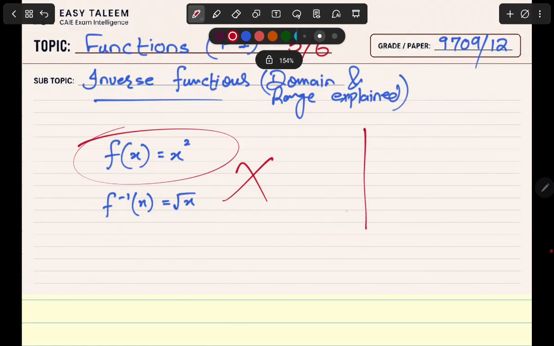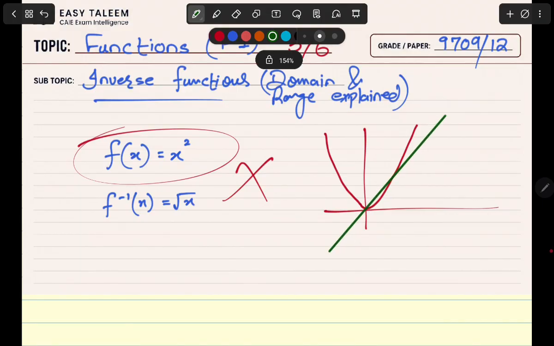If you have been following our lessons, you will know that f(x) equals x squared is a standard parabola, and an inverse of a function is nothing but a reflection in the line y equals x.